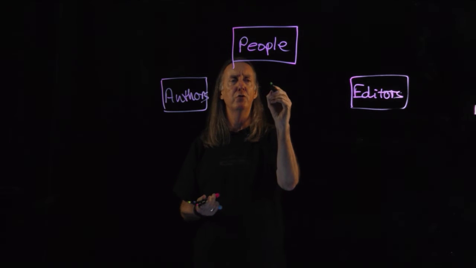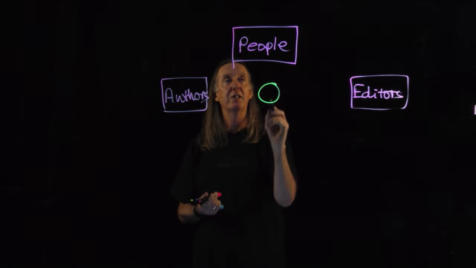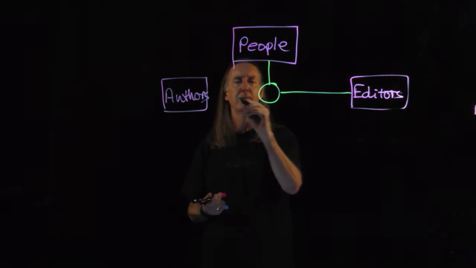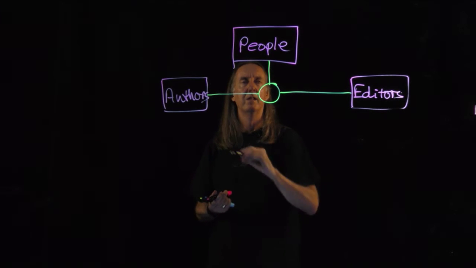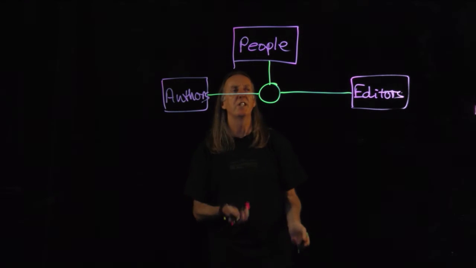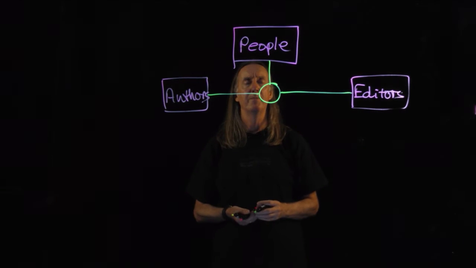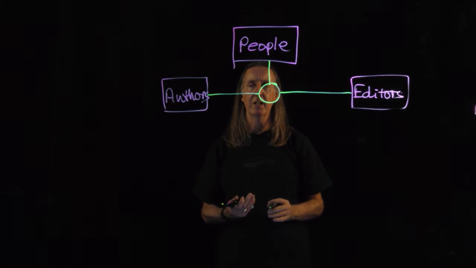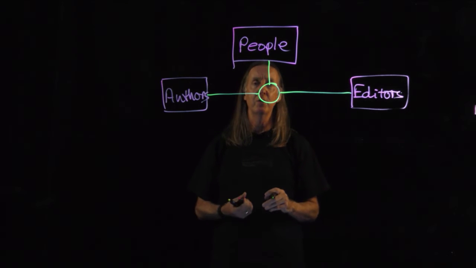use a little circle and associate the subclasses to the parent class, something like this. So what this says basically is authors and editors are both types of people. One thing with subclasses, you need to indicate whether the subclasses are disjoint or they can overlap.